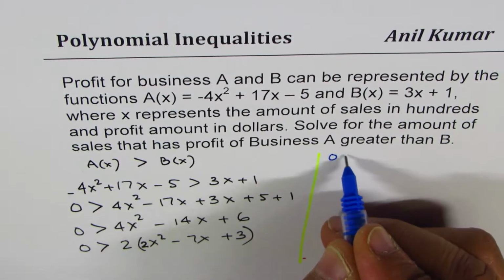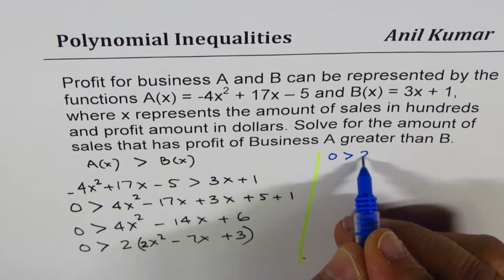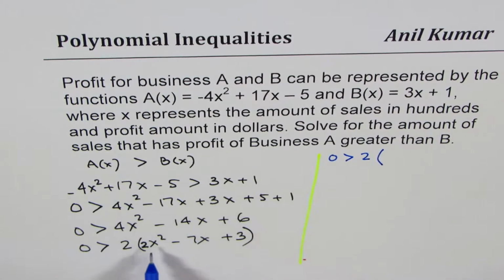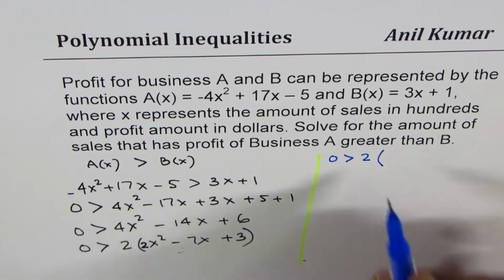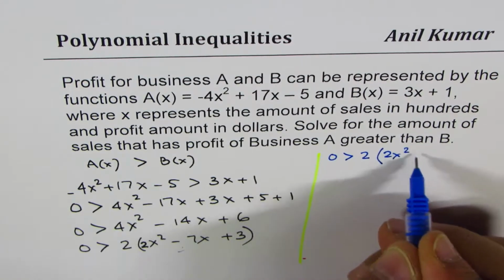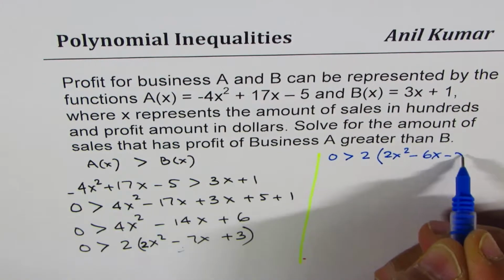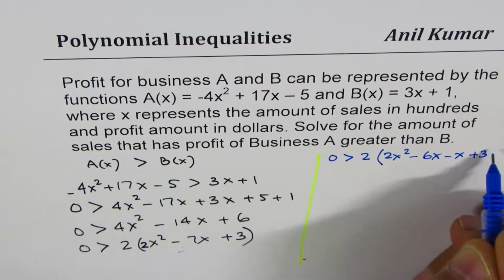So we have 0, which is greater than 2 times (2x squared minus 7x plus 3). We are looking for product of 6 and sum of minus 7. So minus 7 could be split and written as 2x squared minus 6x minus x plus 3.